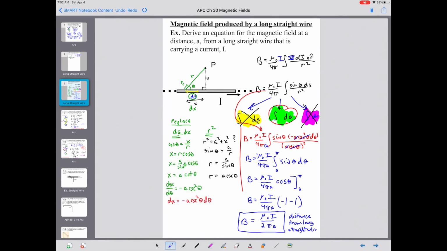I'm going to draw that because I can see it in my head, but I don't know if you can see it in your head. So when we come over here, R would be there. My dx chunk would be here, and theta is getting larger and larger. Well, as we approach positive infinity, theta is going to approach 180 degrees, or pi.